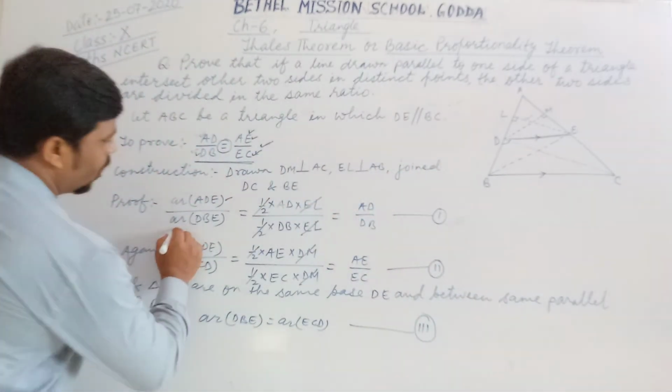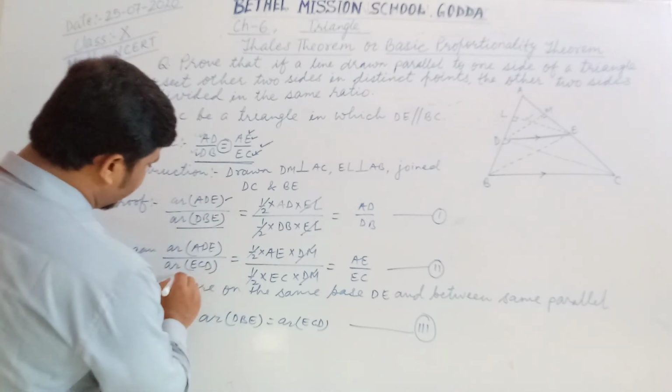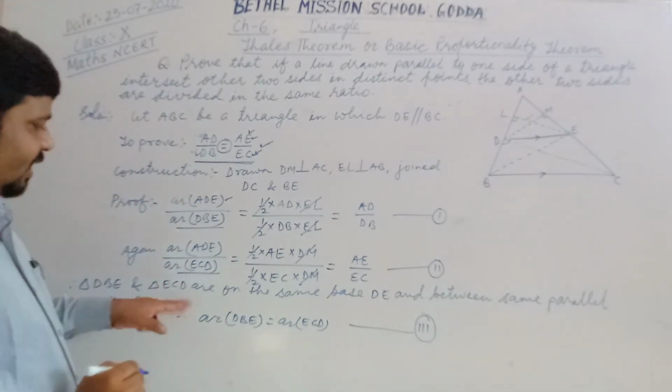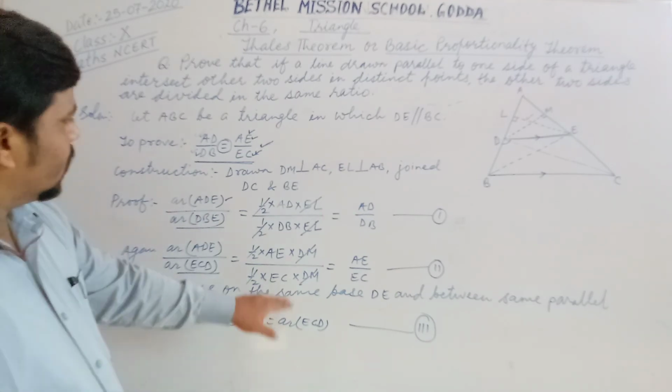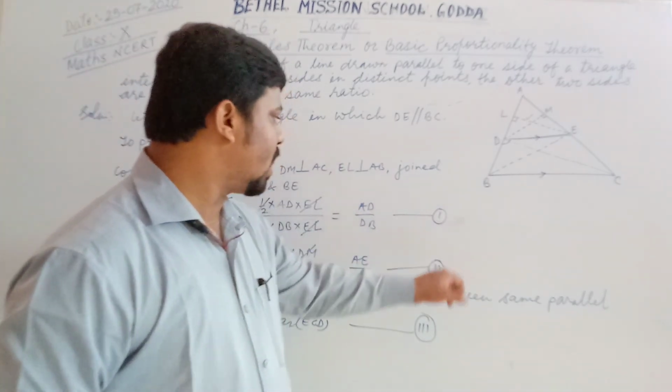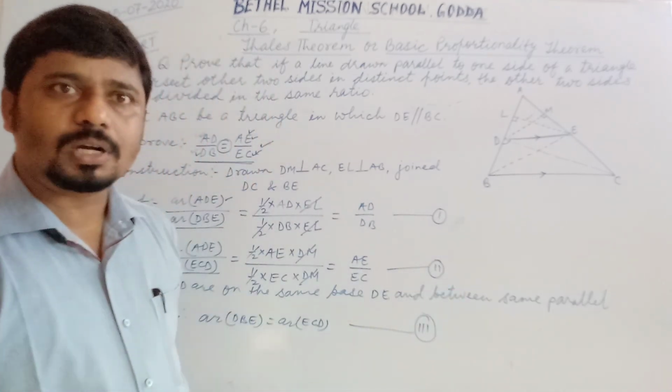Now the area of triangle DBE and the area of triangle ECD are equal. So from equations 1, 2 and 3, what is the conclusion?